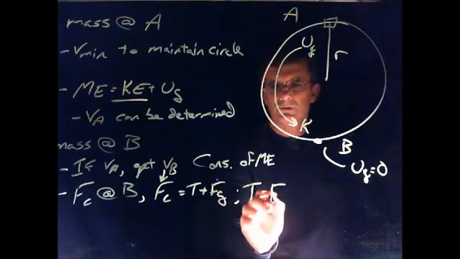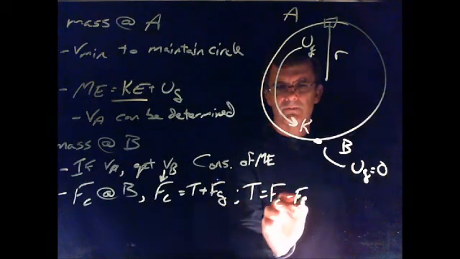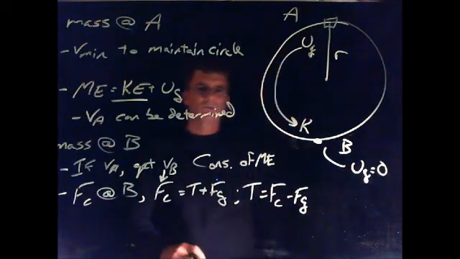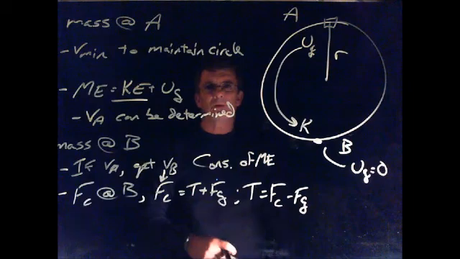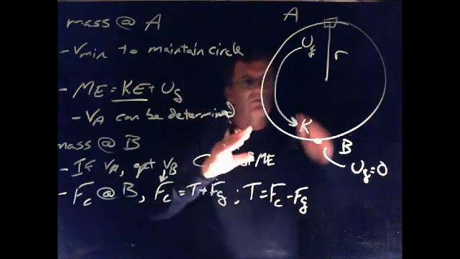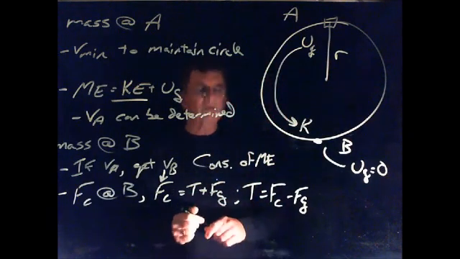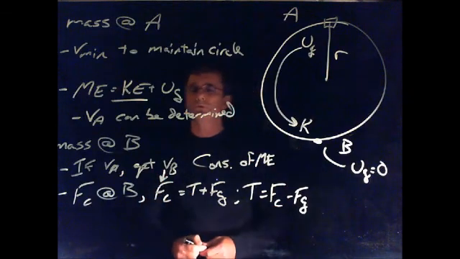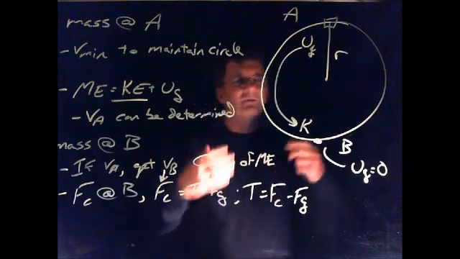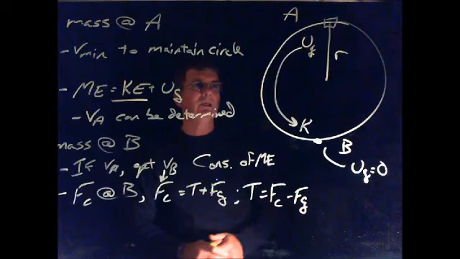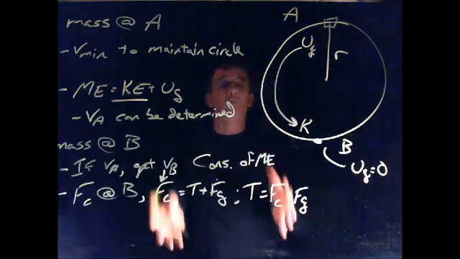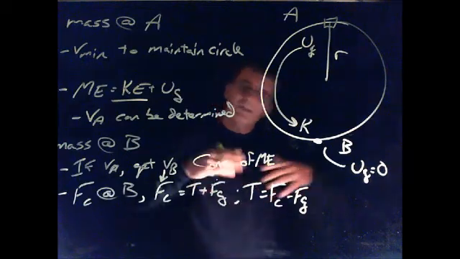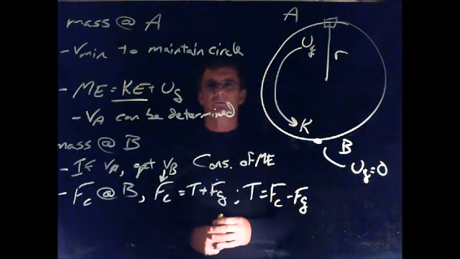Tension is just going to be the centripetal force minus the object's weight. And so we can look at that type of problem and figure out how much tension is required to maintain that circular motion. And if we're dealing with a string that will break at a certain tension level, a lot of times they throw that in there.